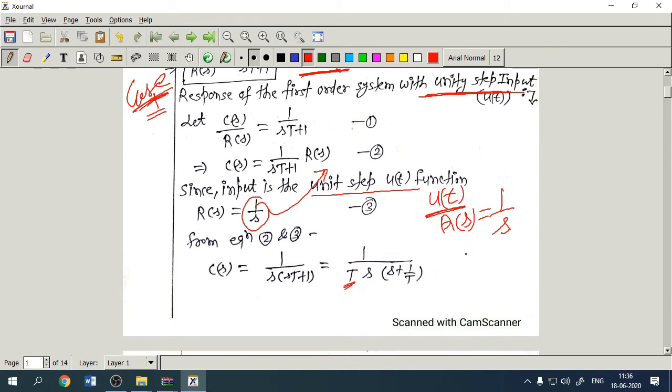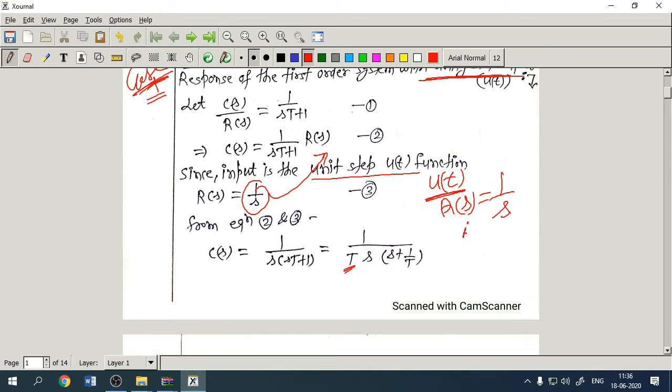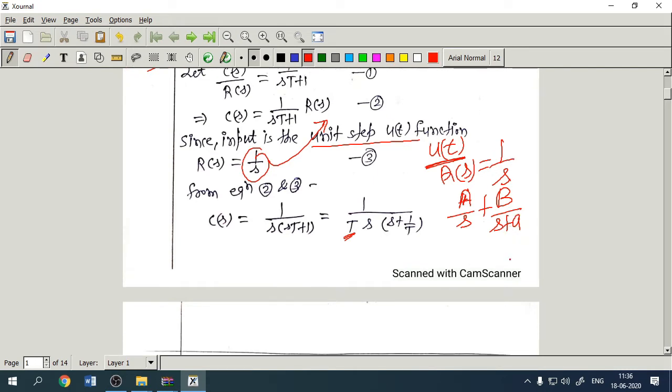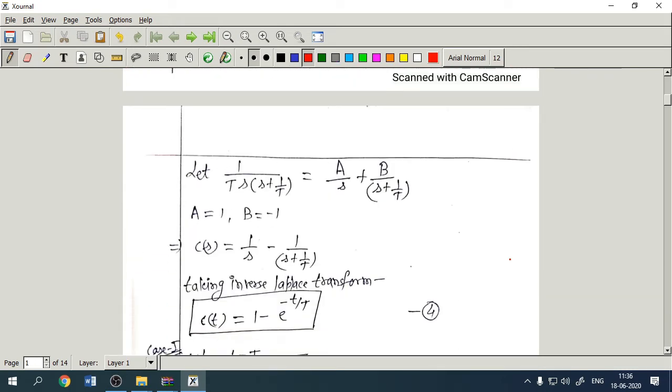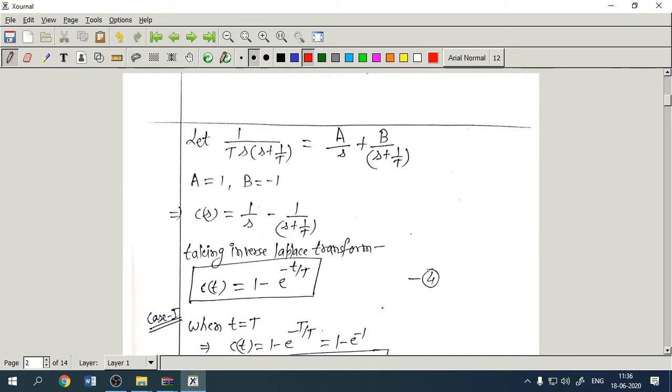Now we'll factorize in the form of A divided by s plus B divided by s plus 1 by T. Then 1 upon T into s into (s plus 1 upon T) is equal to A divided by s plus B divided by (s plus 1 by T).